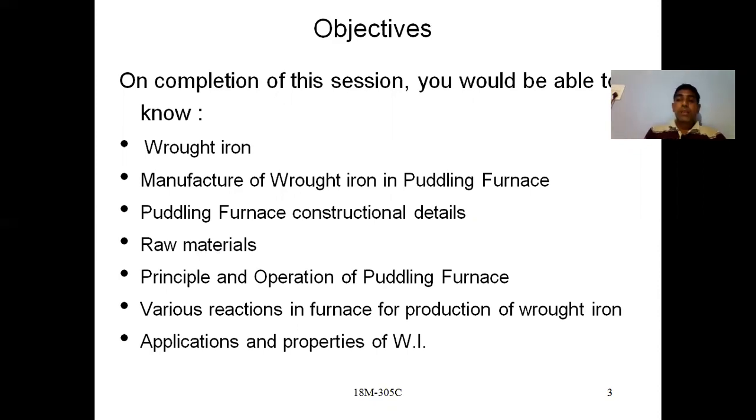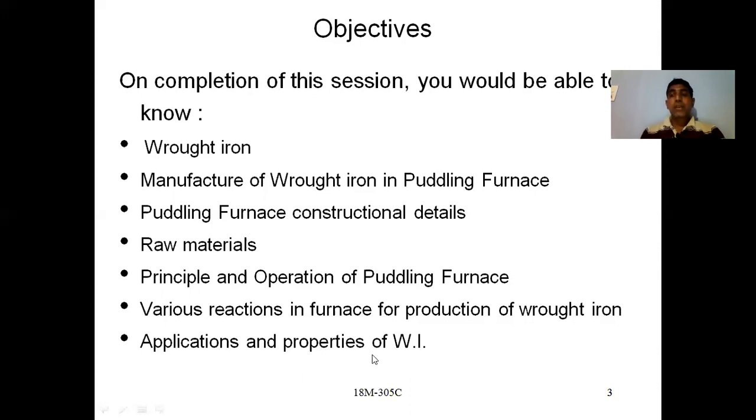So what is the principle and operation of a puddling furnace to get wrought iron, and what are the various reactions that take place in the puddling furnace to get wrought iron, and applications and properties of wrought iron. Here we are using this wrought iron for industrial applications, so that's why we are going to discuss applications and properties.